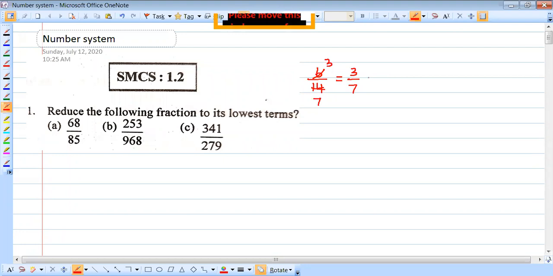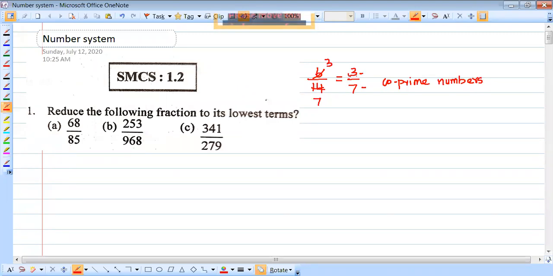Can we simplify further without any decimal answers? No. It is not possible because 3 and 7 are co-prime numbers. Everyone studied about co-prime numbers in your 6th standard.